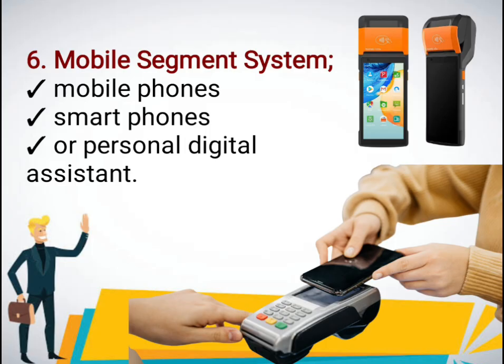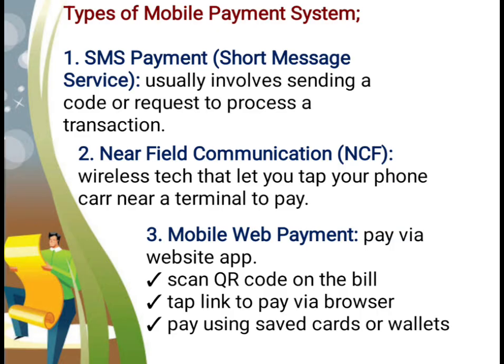In the customer service industry, especially the bar, mobile payment systems are used, like mobile phones, smartphones, or personal digital assistants. Okay, so let's move on. We have these types of mobile payment systems. First one is SMS payment, or shall we say short message service.